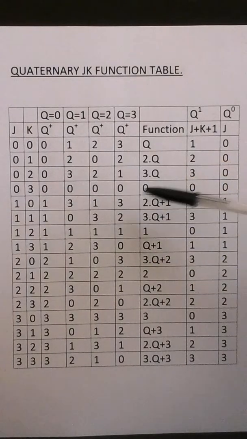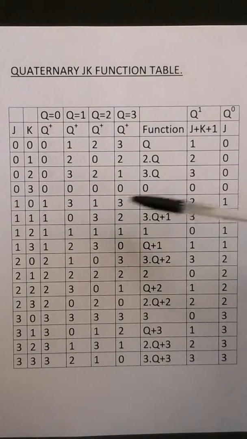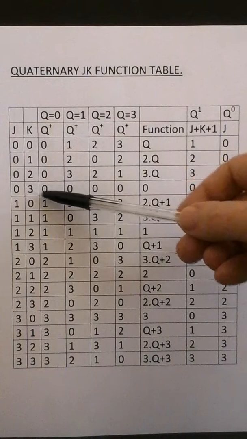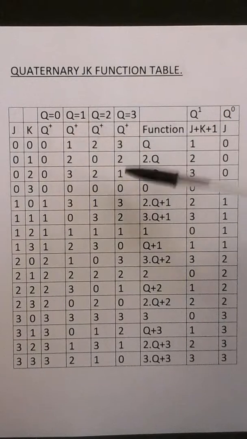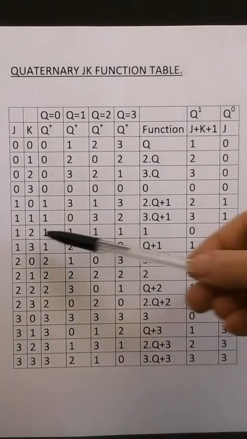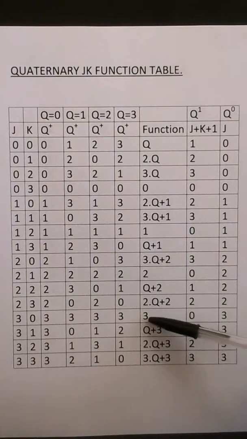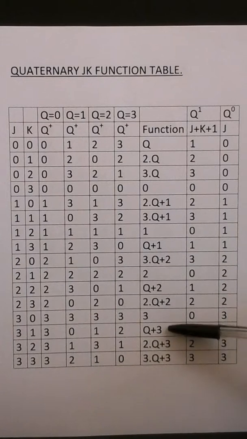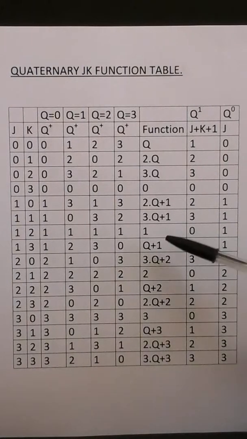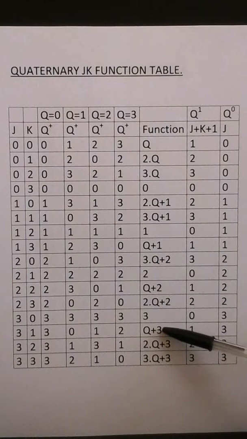Again, some constants here. When j equals 0 and k equals 3, the function equals 0, so q plus equals 0 regardless of the value of q. Same for the 1s, and a 2 there, and a 3 there. We have q plus 1, q plus 2 and q plus 3 there. Q plus 1 is a successor function modulo 4, and q plus 3 is a predecessor function modulo 4.